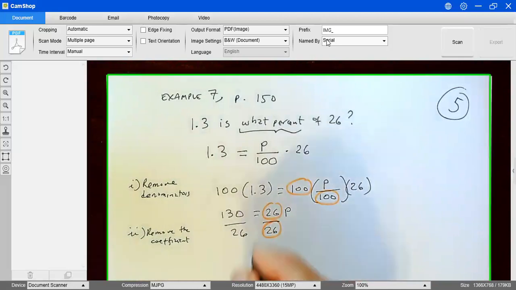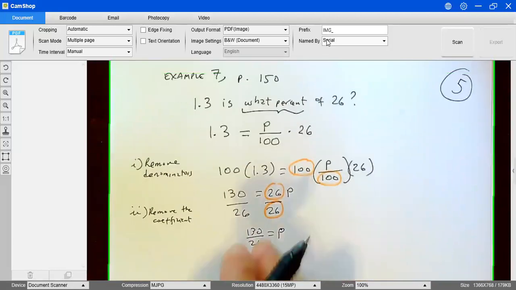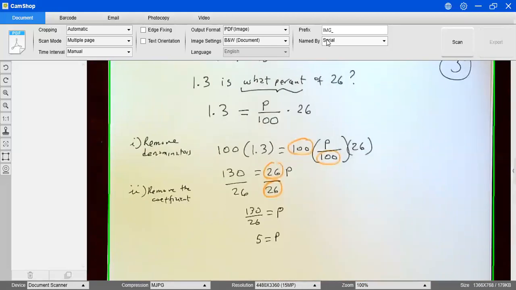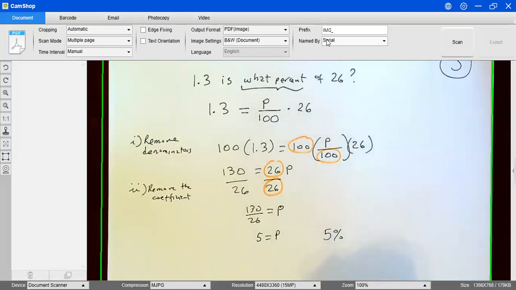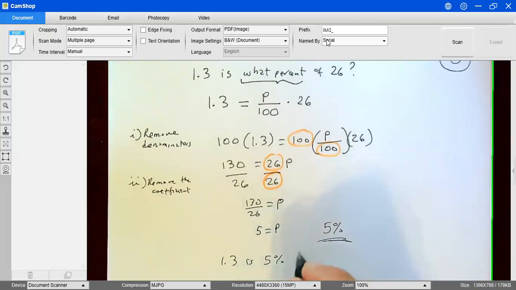So we end up with 130 over 26 equals P. So you do this division and you're going to find that 5 equals P. So the percent is 5. So 5% is the answer. So you can write that 1.3 is 5% of 26.